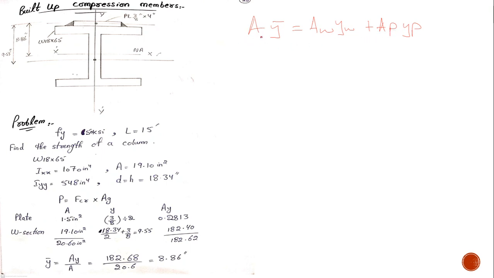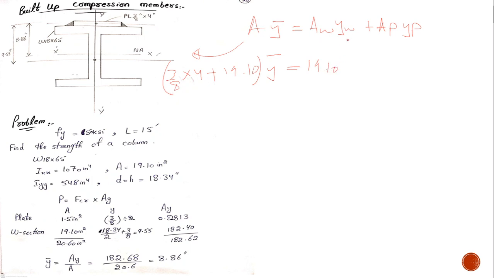It's very easy to find, because the area of this entire section would be equal to the area of the plate, 3 by 8 inches multiplied by 4, plus the area of this, which is given from the manual as 19.10. So I'll be using this as my area. Y dash is yet to be found. Area of the W section is given as 19.10.